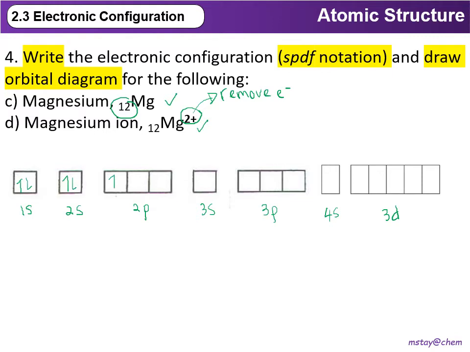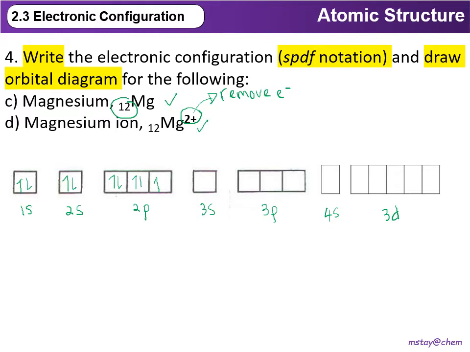The sixth electron follows Hund's rule. The 7th electron also follows Hund's rule. The 8th electron follows Hund's rule and also Pauli.